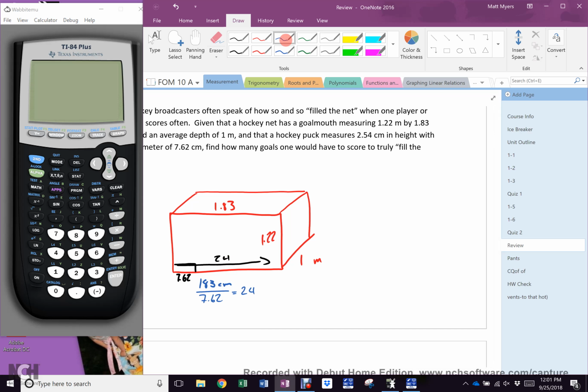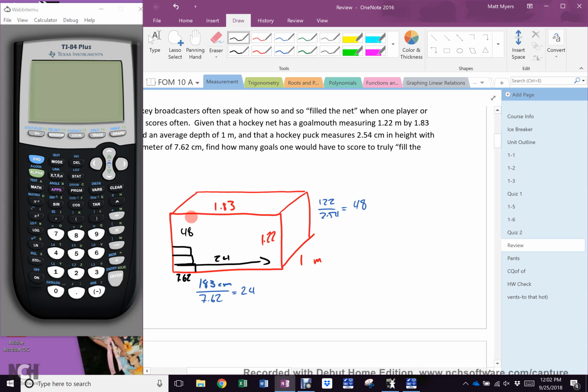How tall is the net? 122. How tall is a puck? How do I tell how many 2.54 centimeter pucks will fit up and down? Divide by what? To get a total of 48. So now I got 48 pucks going up there.